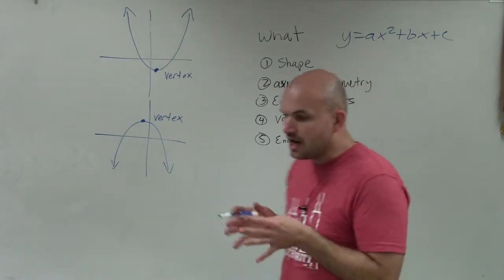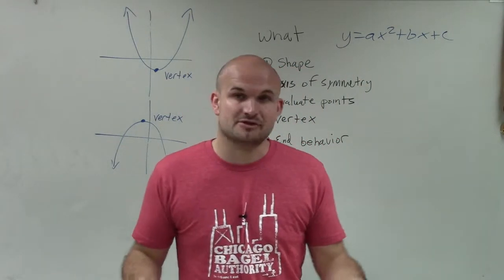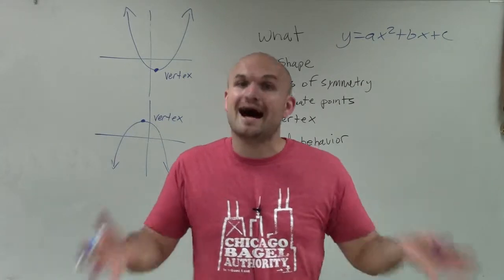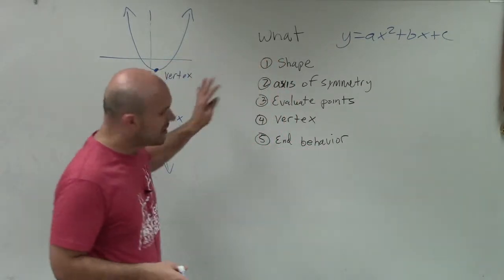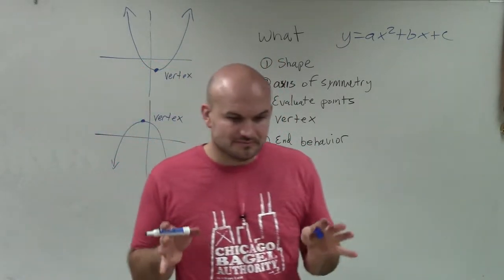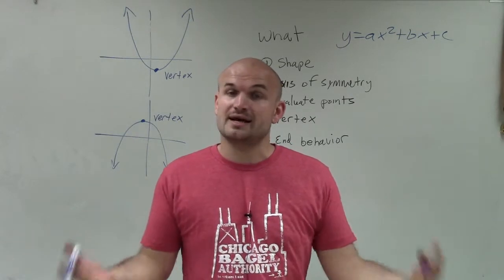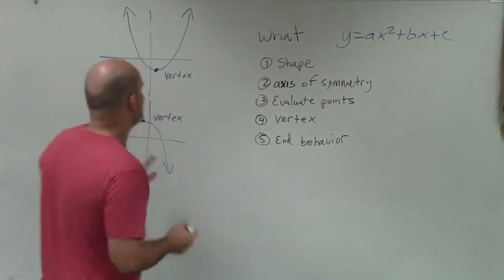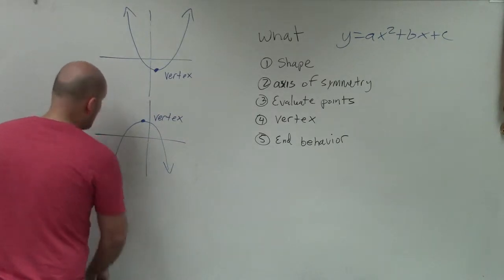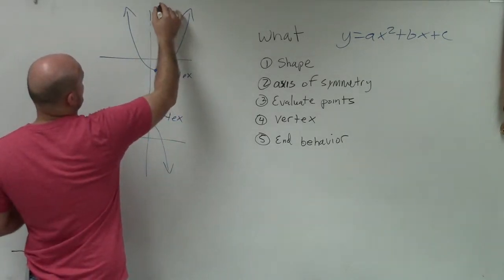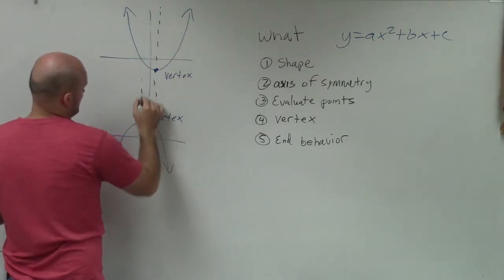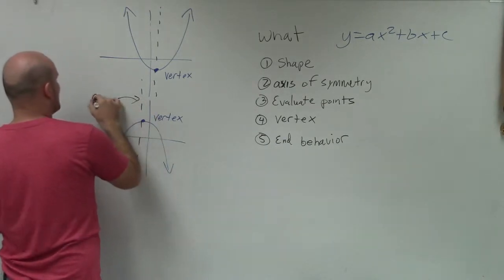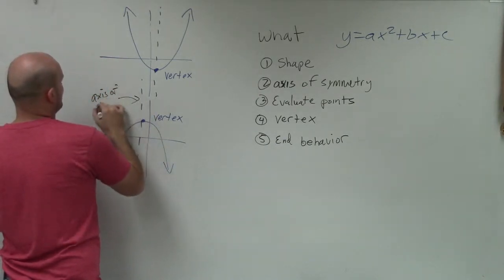The next thing is not only understanding the axis of symmetry, but being able to figure out how to find it. A quadratic function is what we call an even function, which means it is symmetrical about a vertical line. That vertical line is what we call the axis of symmetry.